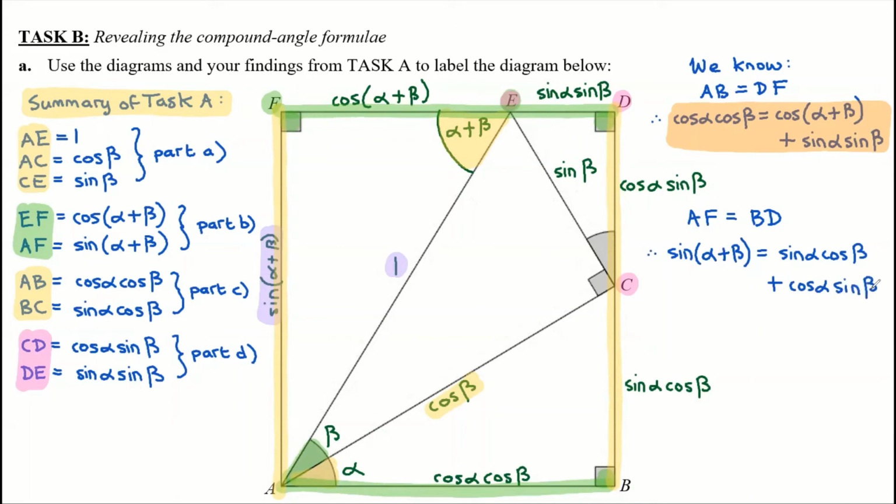Okay, and I think that probably looks familiar from the formula book that you saw not so long ago. So this looks like we've got another result here. Right. Now we're in a position to write down our identities.